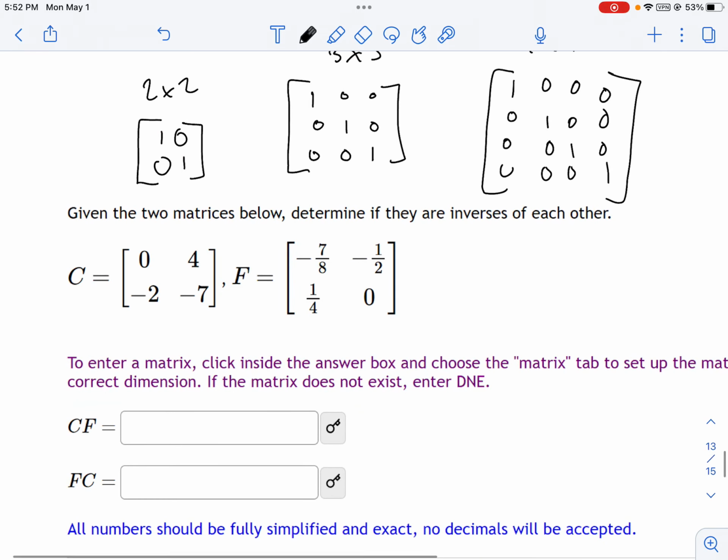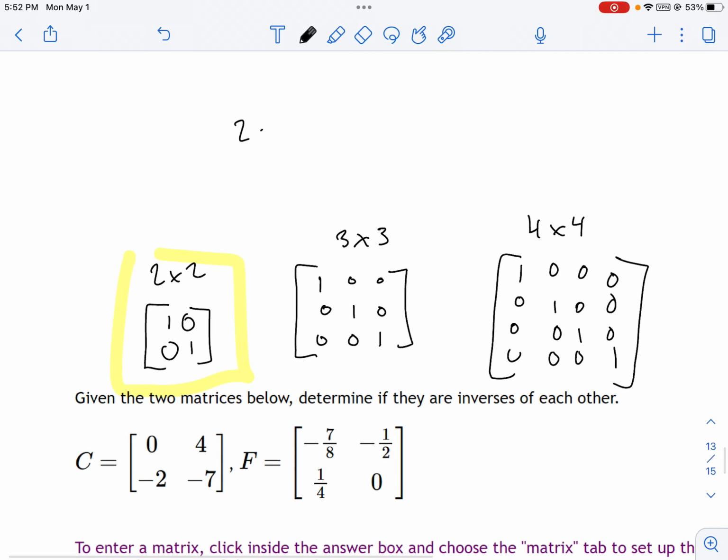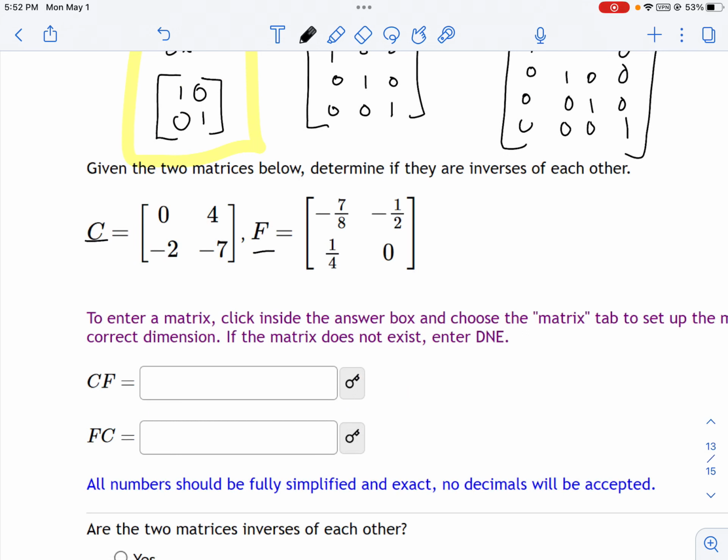So if we're looking at this one, we only have 2 by 2 matrices. Our goal is that if we multiply these two matrices together, like multiplying 2 and 1/2 gets you back to 1, then if we multiply C and F together, we should get our identity matrix if they are inverses.